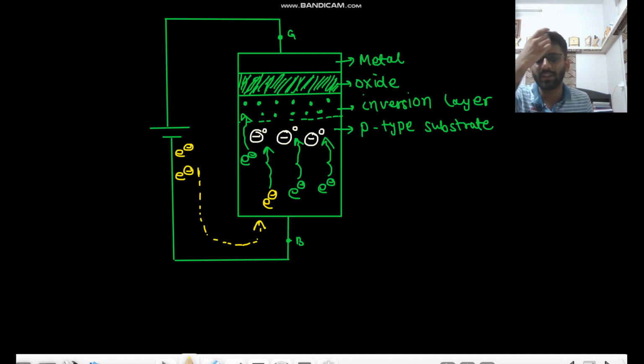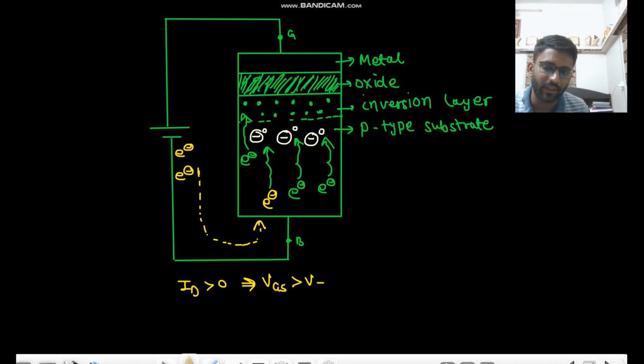Yeah, so in summary we can write like ID is greater than 0 for VGS greater than VT, and ID is 0 for VGS less than VT.